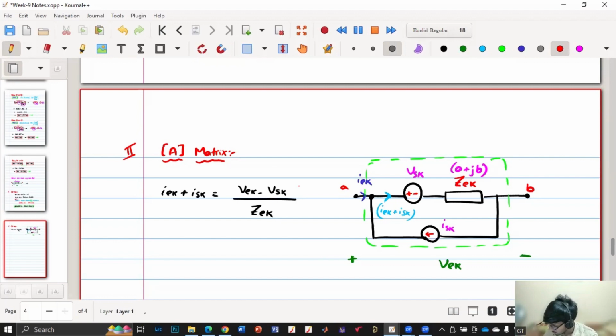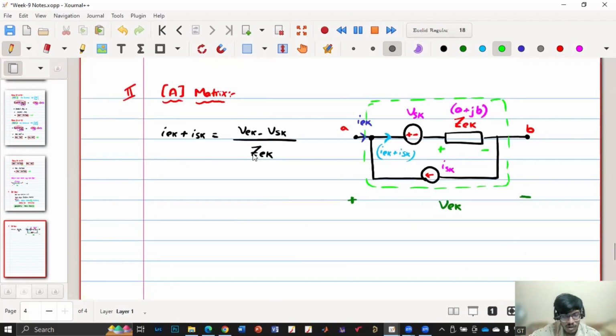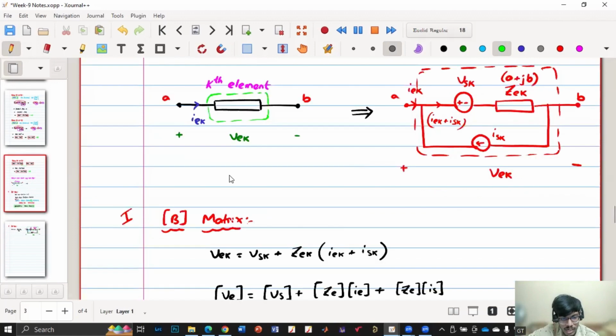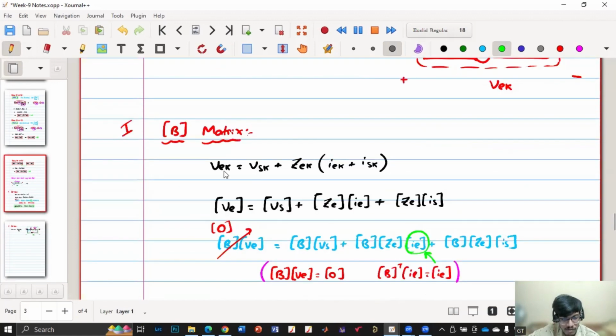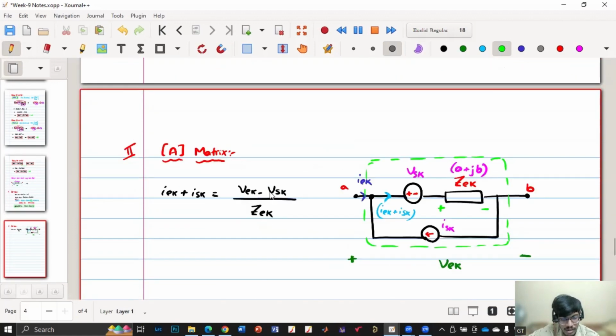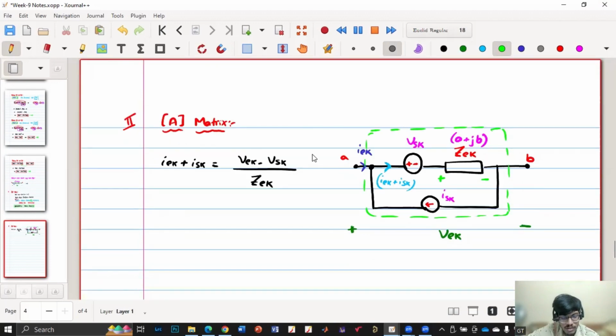So we have calculated what is the potential difference across ZEK? VEK minus VSK divided by ZEK is the current flowing through it, which is IEK plus ISK. So did you understand how we got this expression? IEK plus ISK is nothing but VEK minus VSK by ZEK, only we are writing in a different format. Understood this equation?